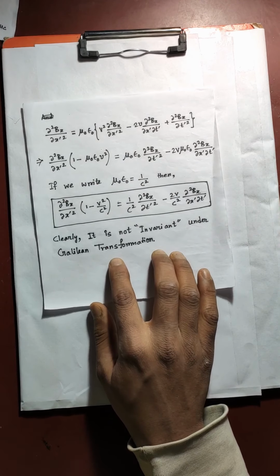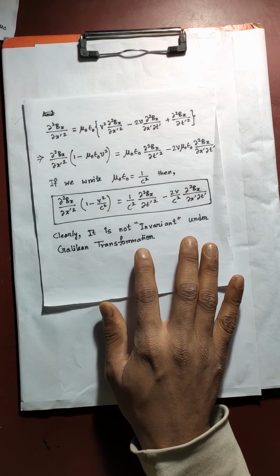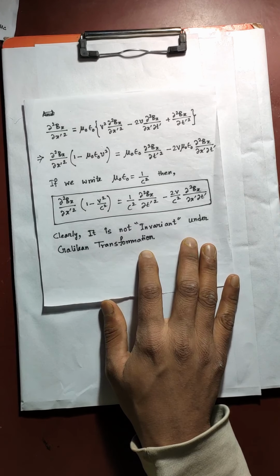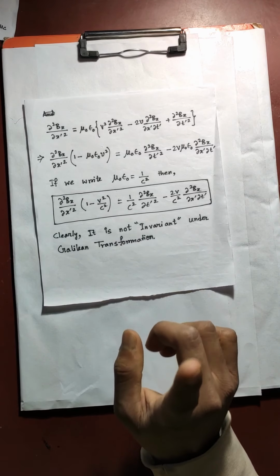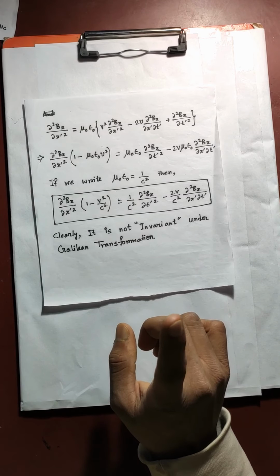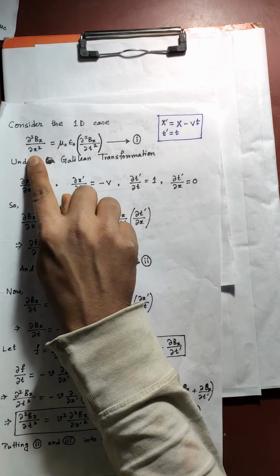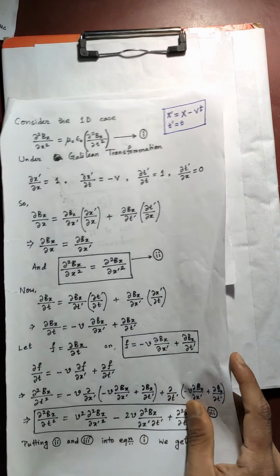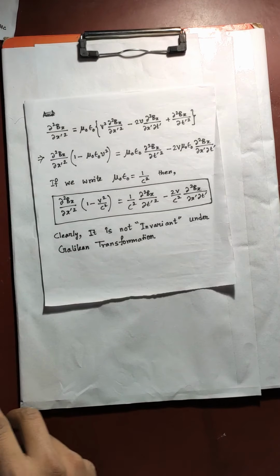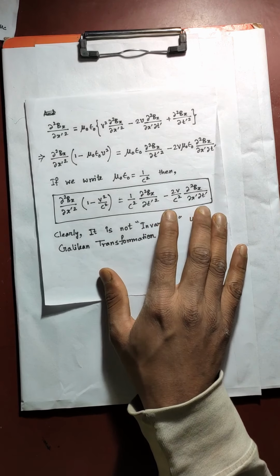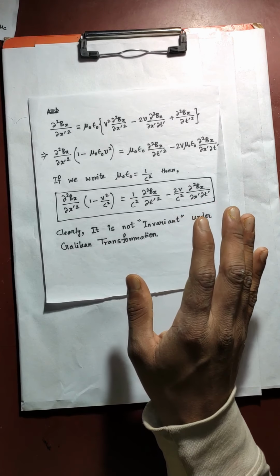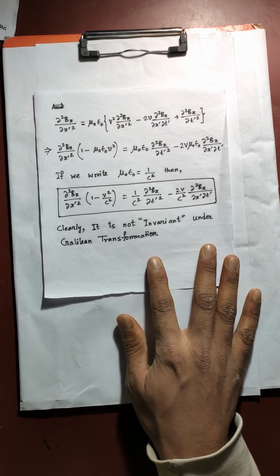So clearly it is not invariant under Galilean transformation. If it were invariant under Galilean transformation, it should have the same form as before. So the form has changed. Remember one thing, Newton's laws are based on Galilean transformation.